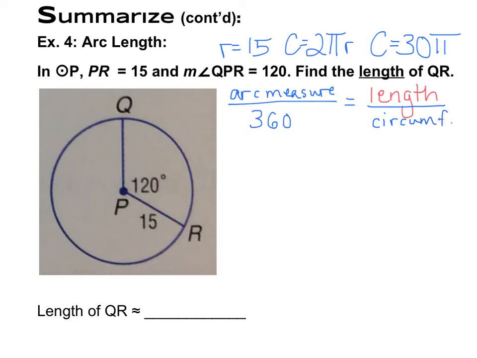Okay, so the 360 is always the number in the denominator. The arc measure and the circumference are going to be placed in depending on the problem. So let's see what those are for this time.